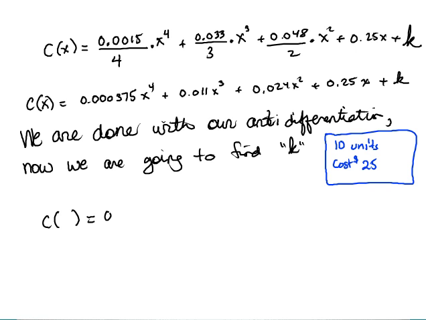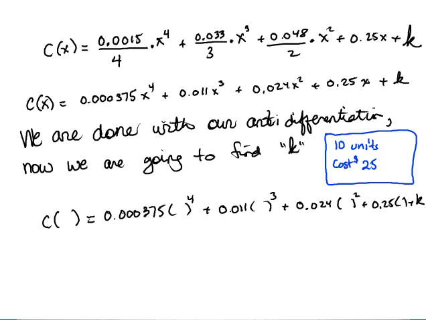If we compute this cost function at 10, we're supposed to get 25 out, because we know from our research that it costs us $25 for 10 units. So here's my function. This is giving me the total cost for producing X number of units. But I happen to know that if I produce 10 units, it's going to cost me $25. So I'm going to go through here and put in 10.